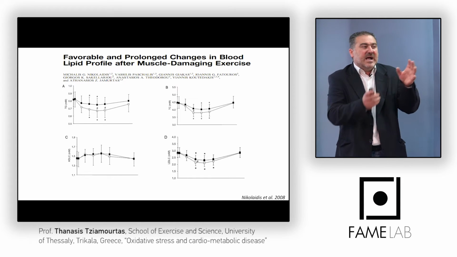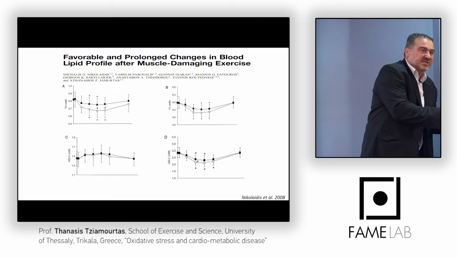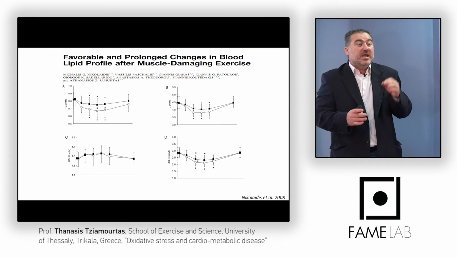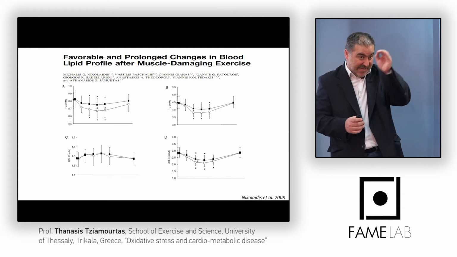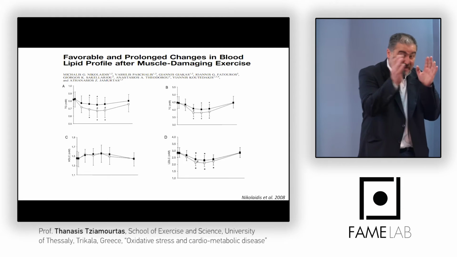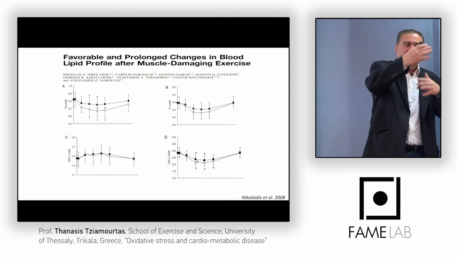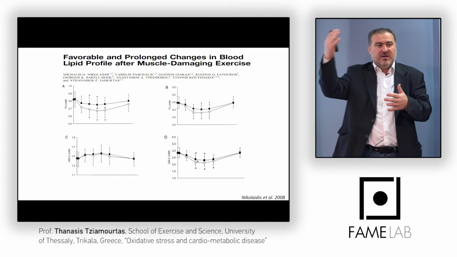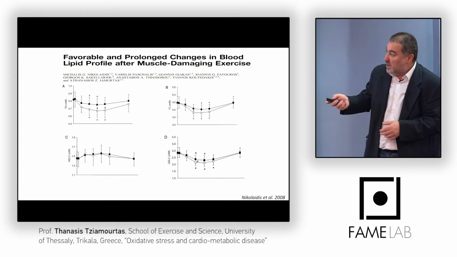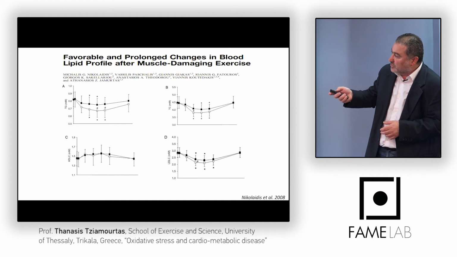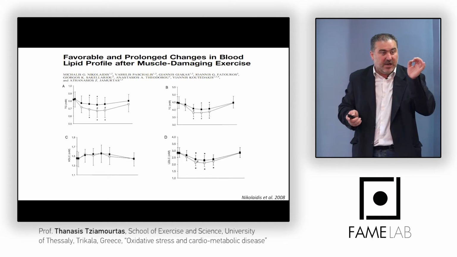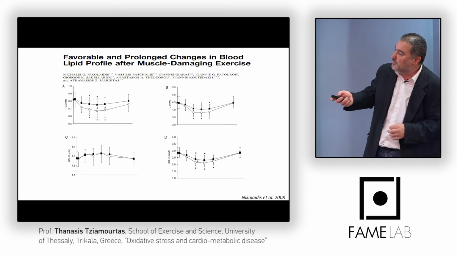How is oxidative stress related to metabolism? If we look at lipids now, and we know that lipids are associated with atherosclerosis, triglycerides, total cholesterol, HDL, and LDL, same protocol.